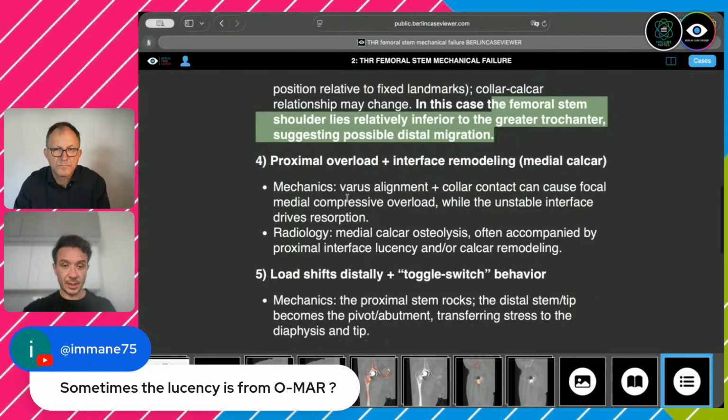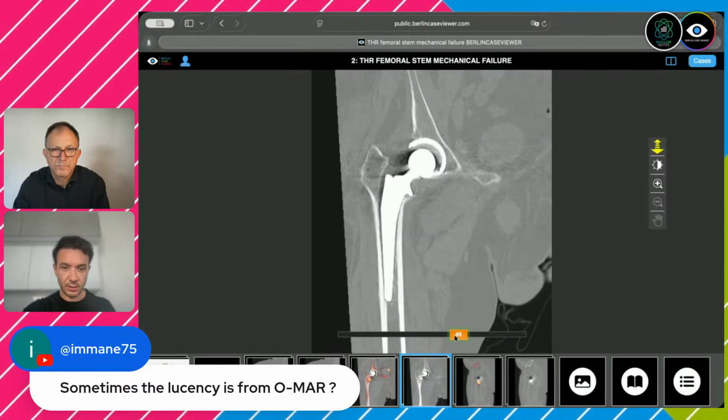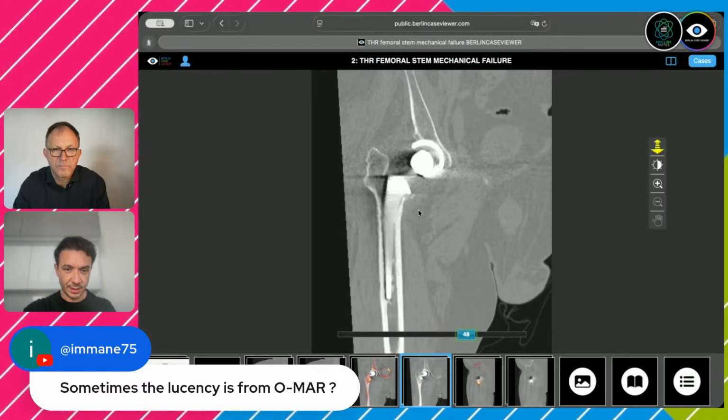So the varus alignment and collar contact can cause focal medial compressive overload, which leads to bone remodeling, resorption, sclerosis, or osteolysis, while the unstable interface drives resorption. So what we see on the CT is medial calcar osteolysis, like what we see over here in this CT. You have a medial calcar osteolysis.